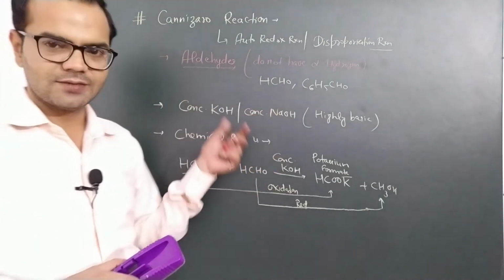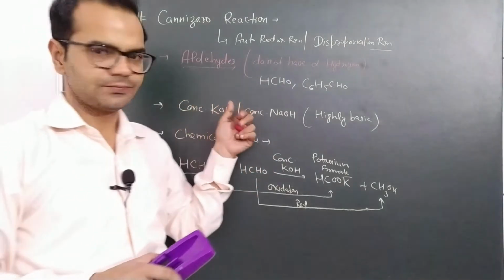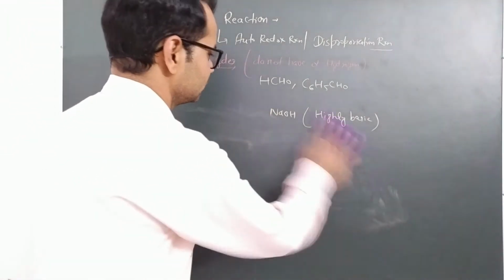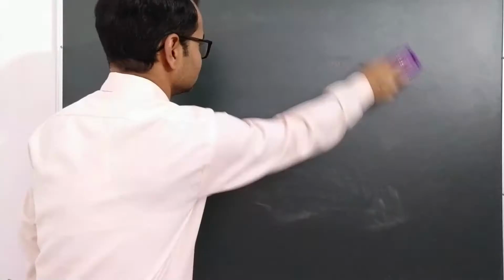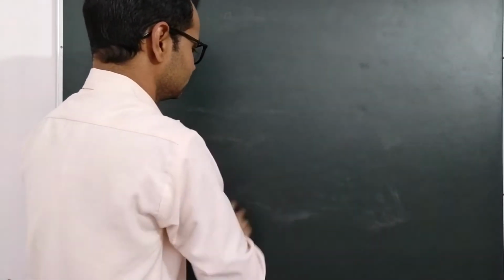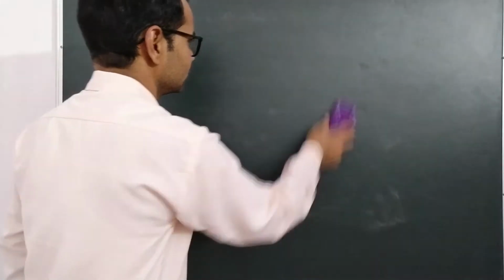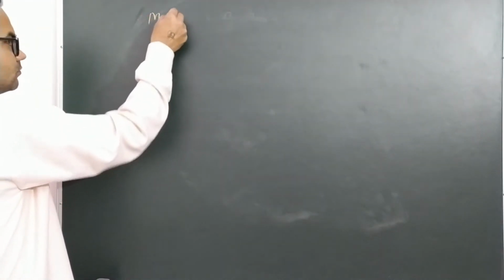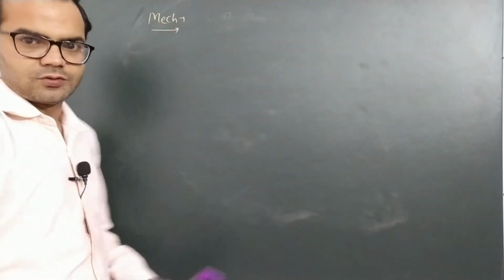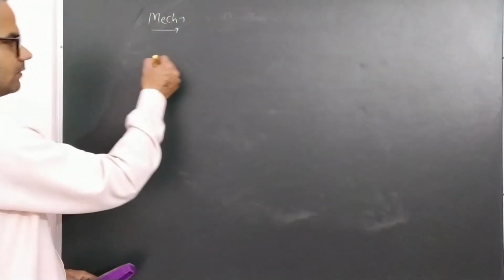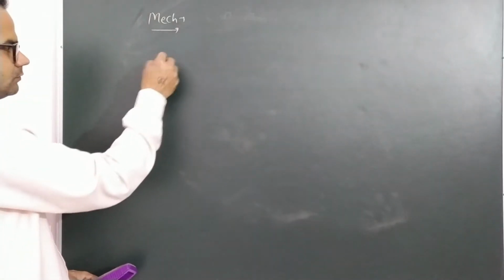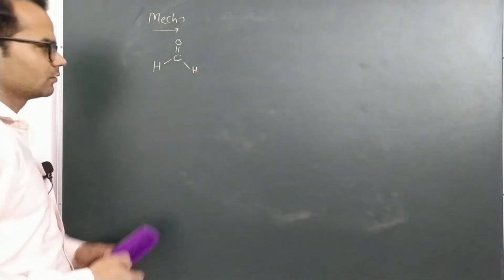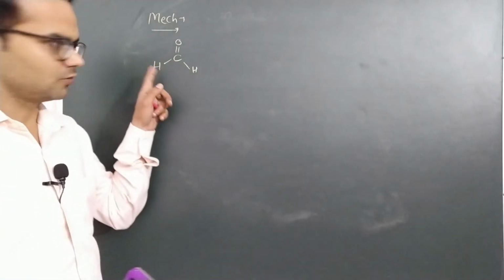So what is the mechanism of this reaction? Let us understand it with the mechanism. For example, we have formaldehyde again, HCHO.